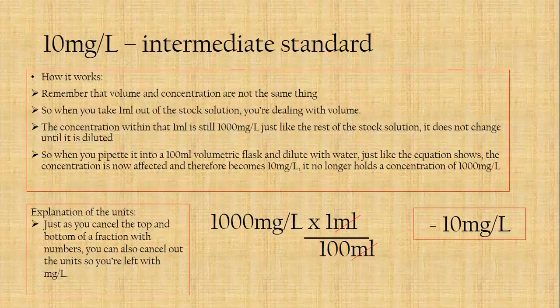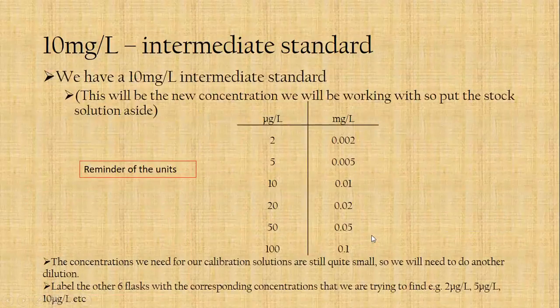This is our intermediate standard. As for why it has units of concentration, just like with normal fractions, you cancel out the top and the bottom units of volume, so you're left with units of concentration. So you have a 10 milligram per litre intermediate standard.